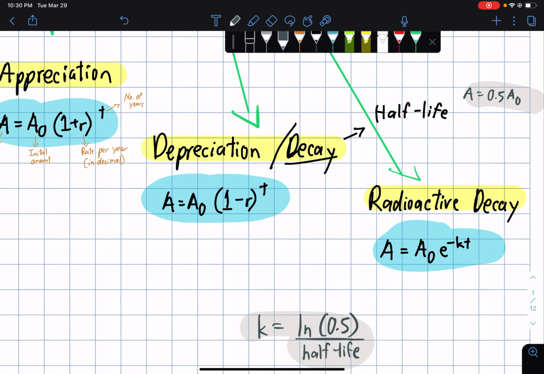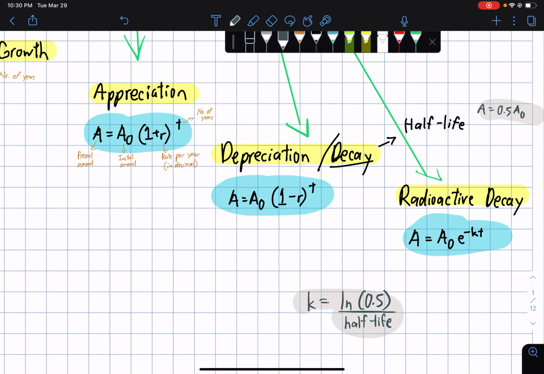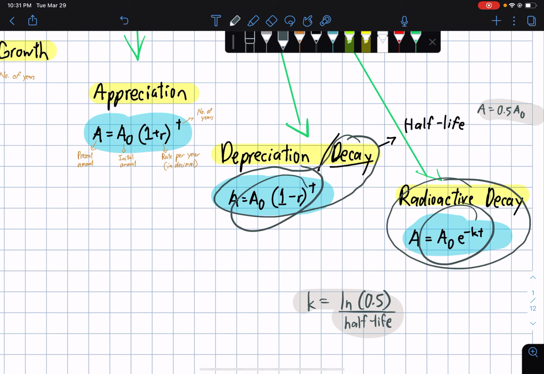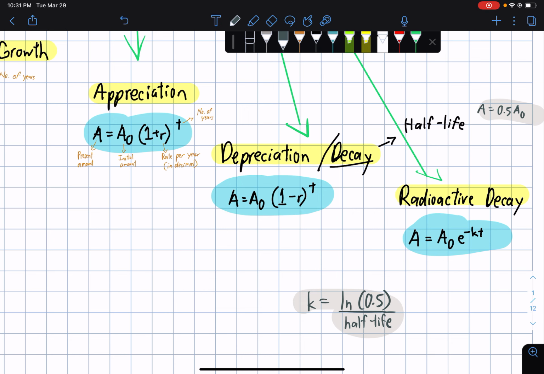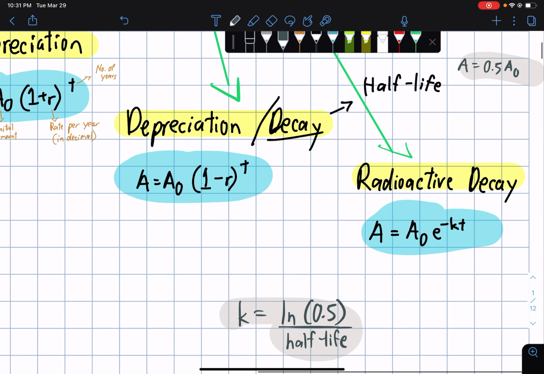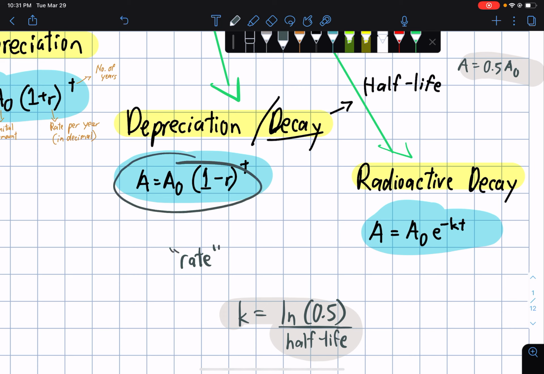Personally, I did struggle in differentiating, provided you have a problem about decay, which formula to use, whether this one or this, but there is one clue that I've found so far. When the problem provides you a given rate, when there is the word rate, then that means the formula is this one.